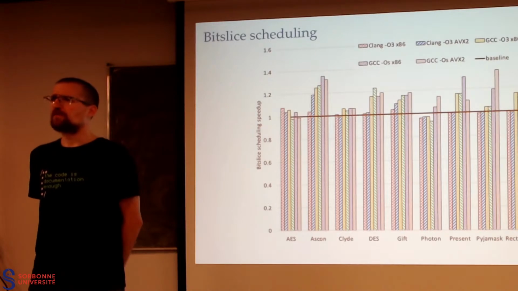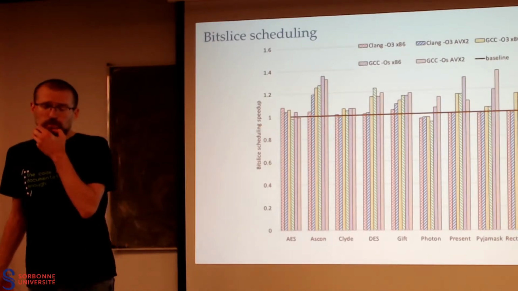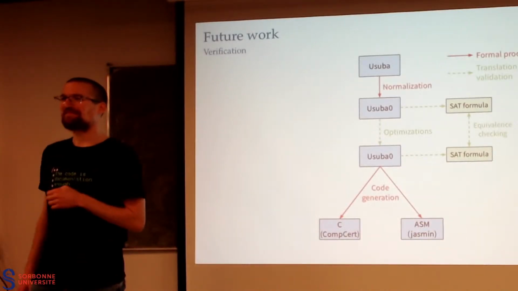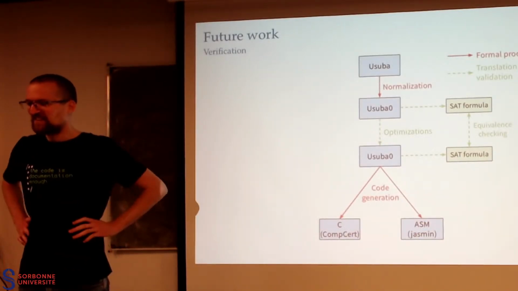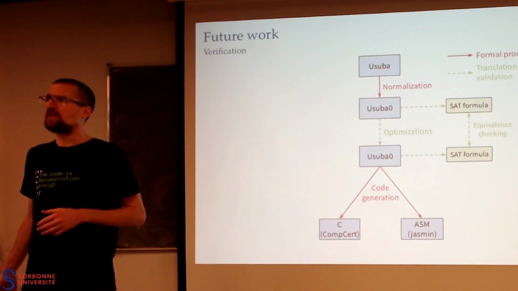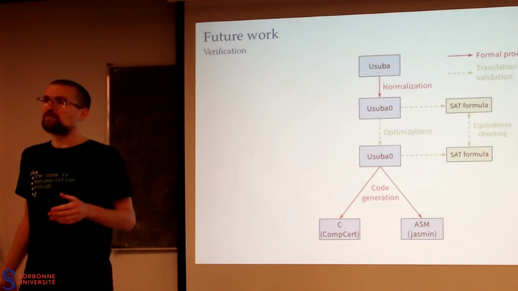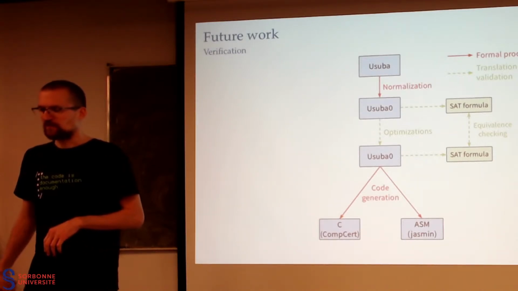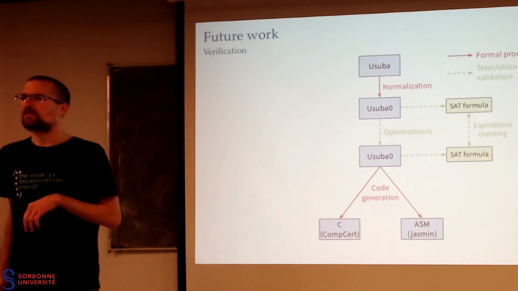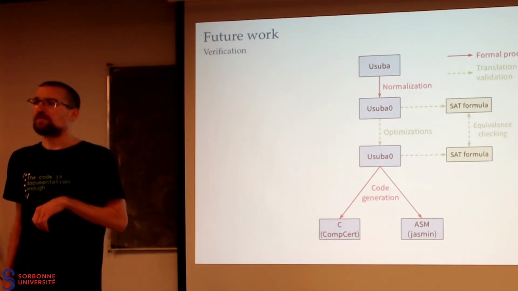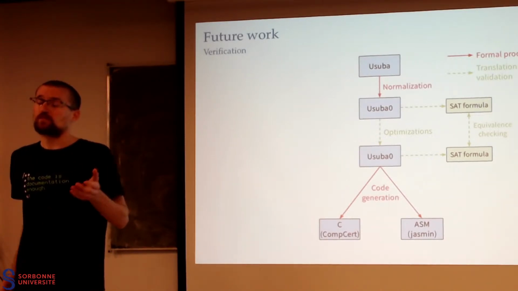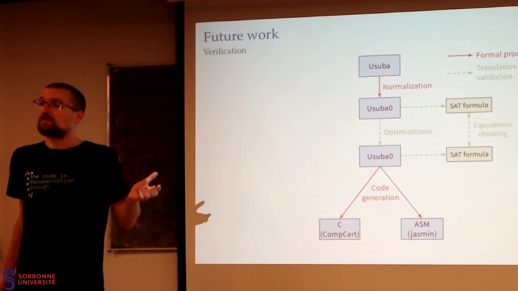First we experimented. The semantics of Usuba is fairly simple, and it's fairly similar to other works that have already proved the correctness of a compiler. In particular, there is a work proving the correctness of the Lustre compiler a few years ago. So we can reuse part of that to prove the correctness of the front end of the compiler.